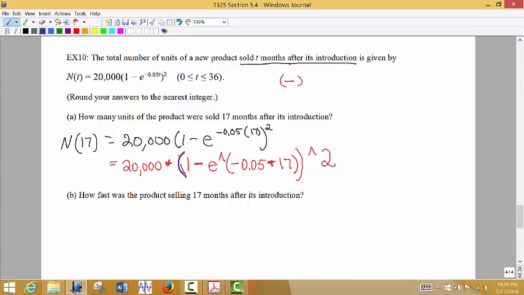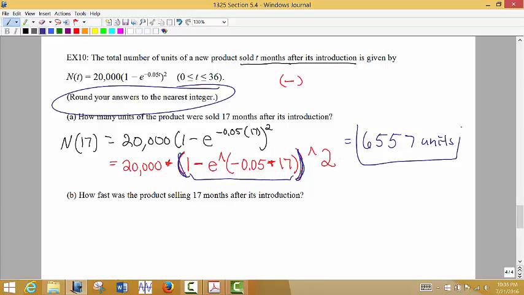We need this parentheses here, and we need this parentheses here. These two go together so that the entire quantity is going to be raised to the power of 2. So you should end up getting 6,557 units when we round to the nearest integer.